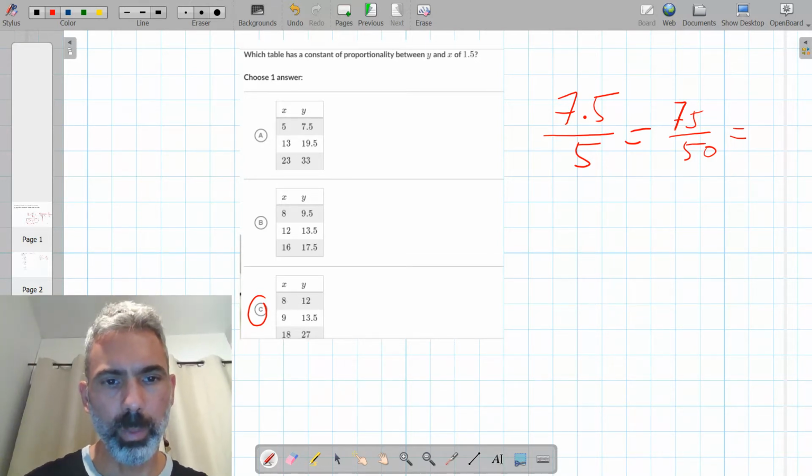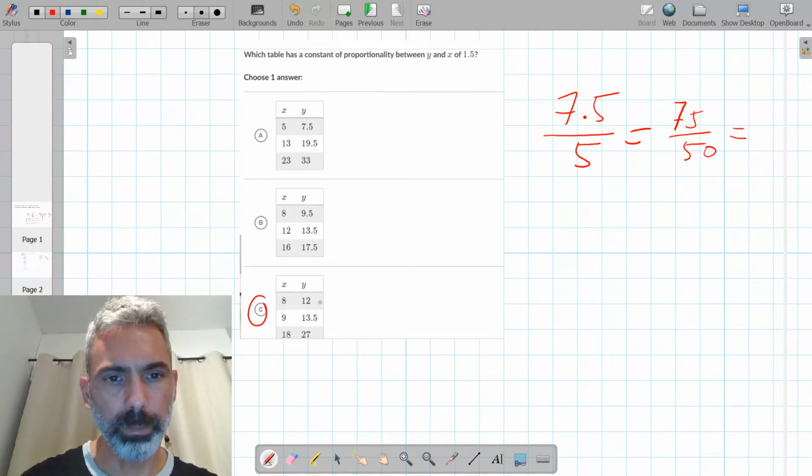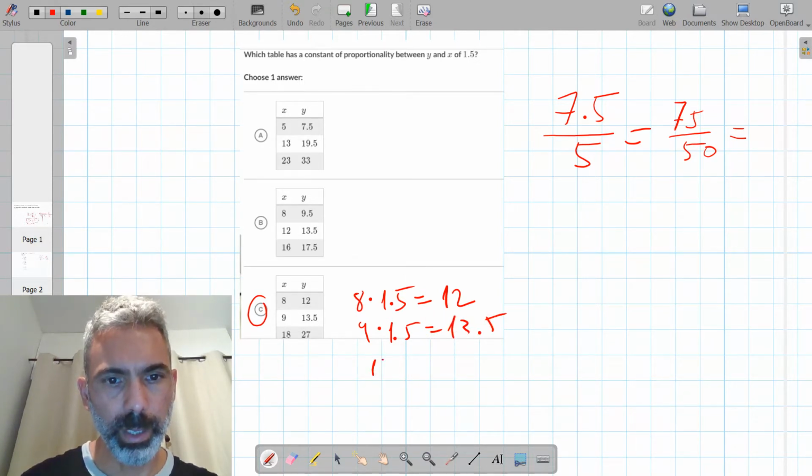When I multiply 8 times 1.5, I get 12. 8 times 1.5 equals 12, and 9 times 1.5 equals 13.5, and 18 times 1.5 equals 27. So C is the correct option.